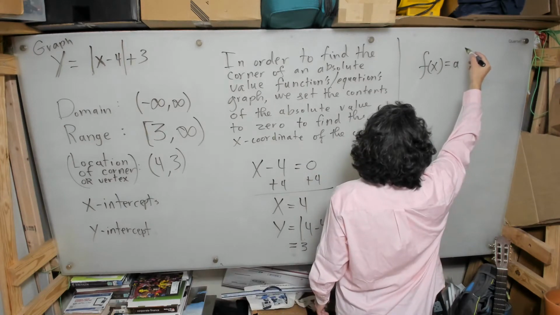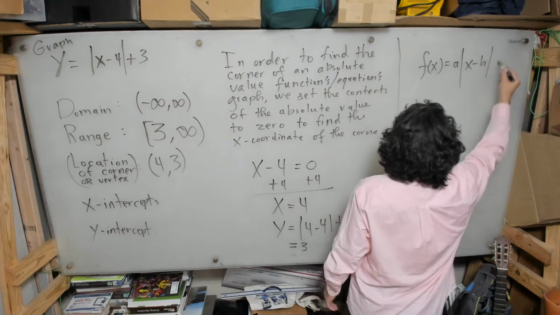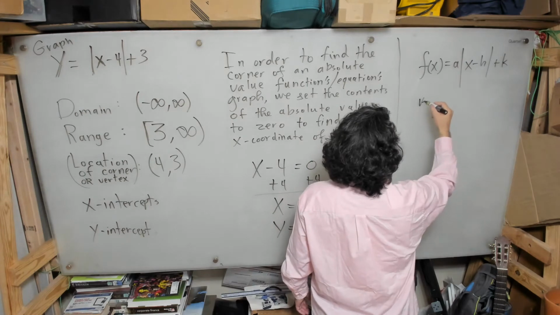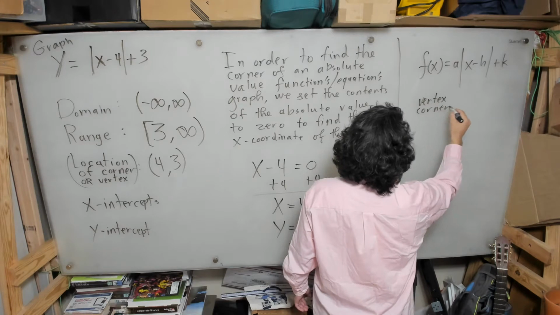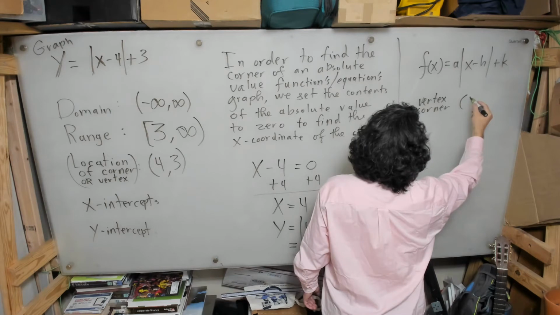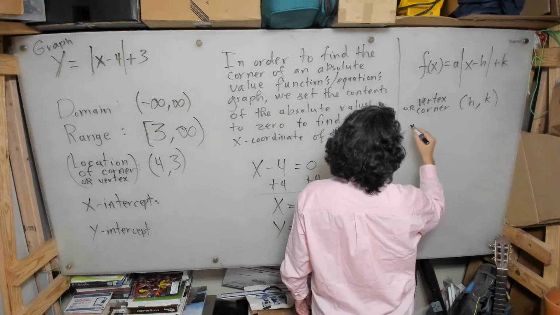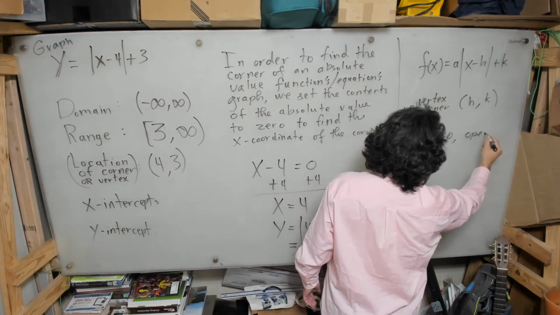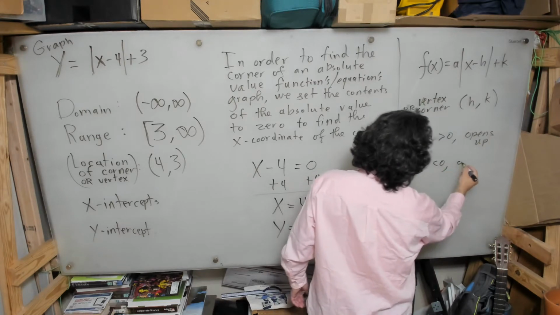You'll have f of x equals a absolute value of x minus h plus k, and they'll say that the vertex, or the corner in our language, will be h comma k. If a is positive, then it opens up, and if a is negative, then it opens down.